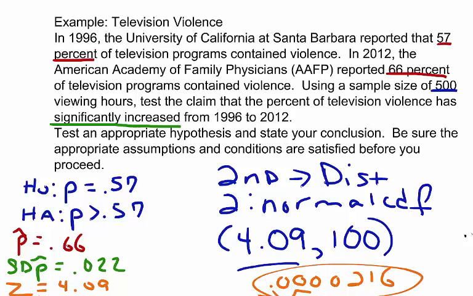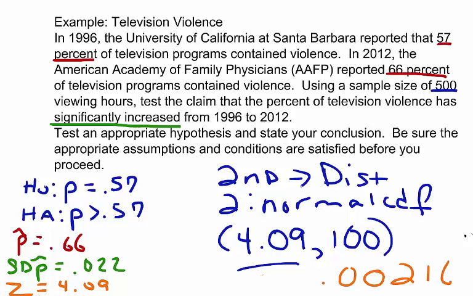If we convert that to a percentage, it would be 0.00216%. As you can see, to convert from decimal to percent, I simply move that decimal place 2 to the right.